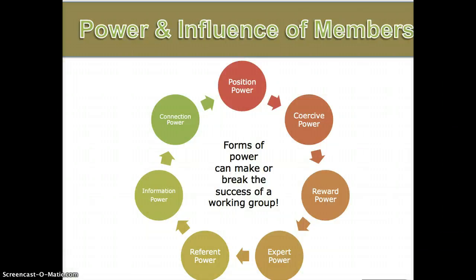Here, this is a use of SmartArt, but in a very appropriate way, because this one's about power and influence of members. So, in this one, a lot of the book talked about using that appropriately, and this one talks about forms of power and how they can make or break the success of a working group, and that you're always going to have that power and influence always happening in your groups, but really understanding that they're going to happen, and how to manage them will make you successful.